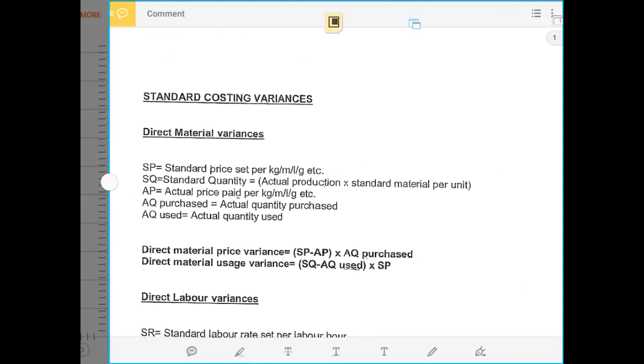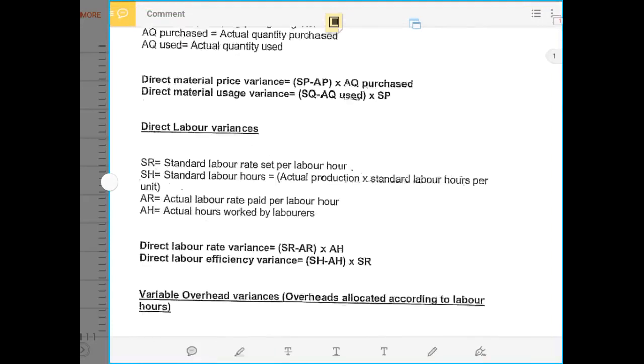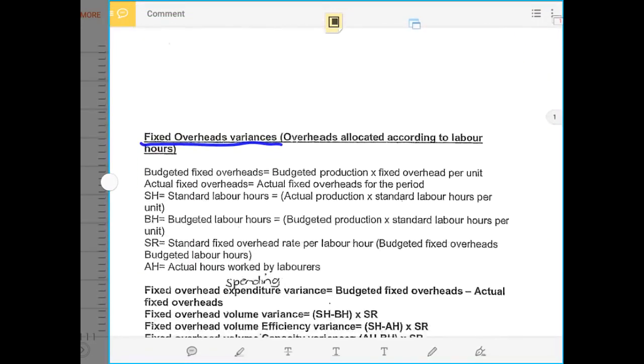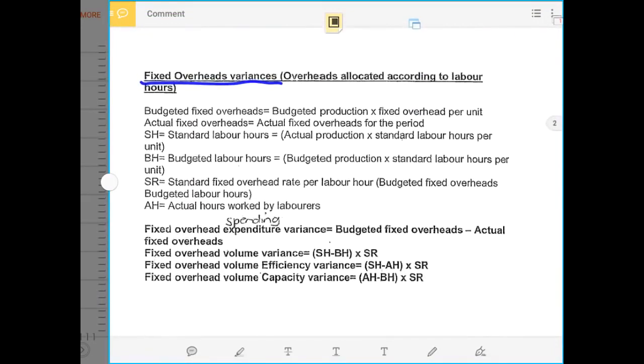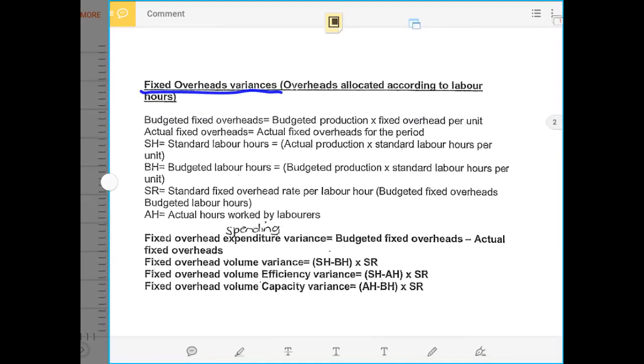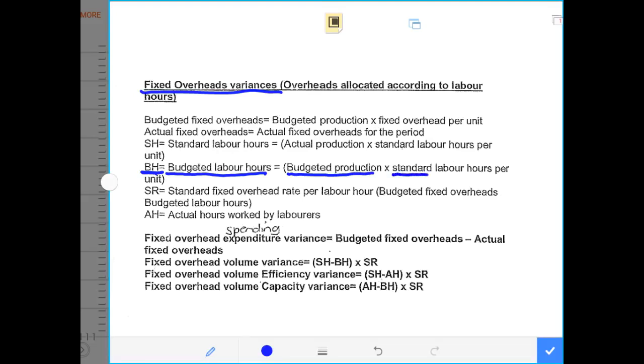This is under the fixed overhead variance. The formula sheet starts with the material for the standard costing variance, but I just want to bring your attention to the variance that will lead us to our budgeted production. BH means budgeted labor hours, and it equals budgeted production times standard labor hours per unit. Remember, standard labor hours per unit is the number of hours it takes to complete 1 unit of the product.